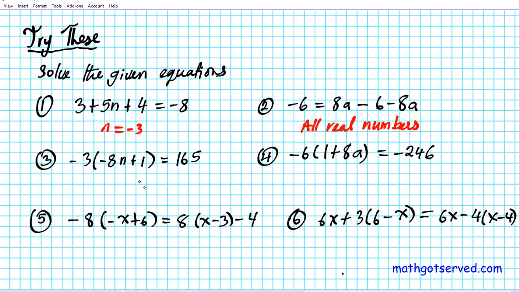Same thing. Number 3, n is equal to 7. Number 4, a is equal to 5. Number 5, you have no solution. And then number 6, you have x is equal to negative 2.